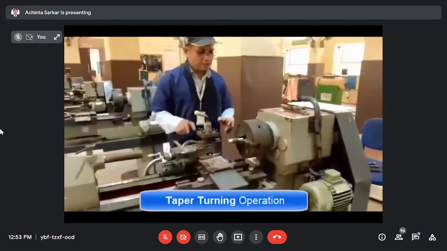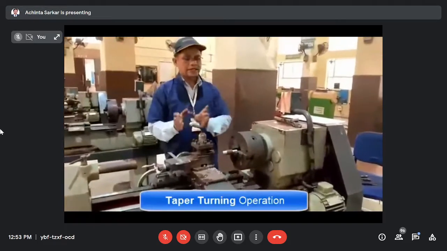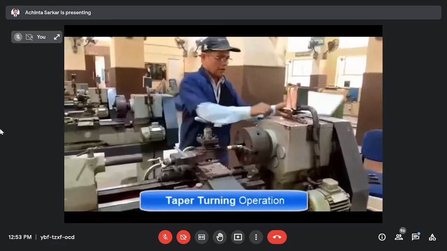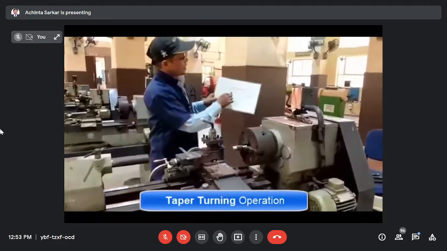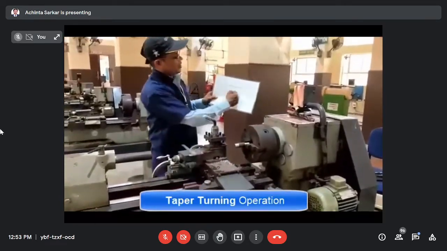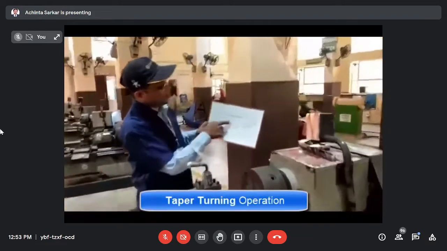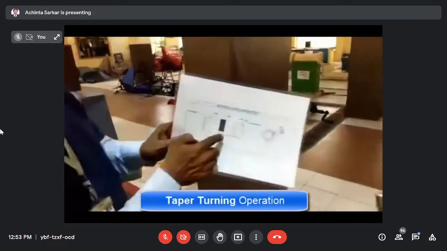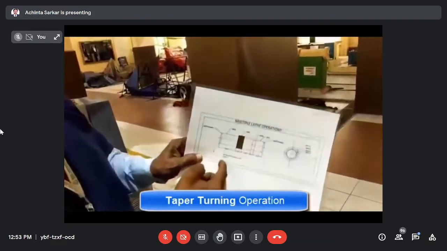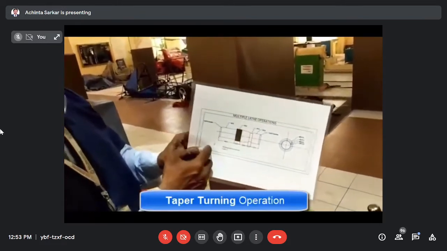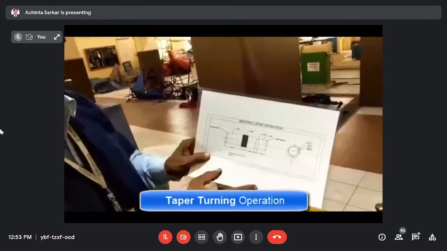Taper operation means gradually increasing or decreasing the diameter along the workpiece. Here is a large diameter, here is a small diameter. Gradually increase and decrease the diameter along the workpiece, so that you can create an angle to the axis of the workpiece. That angle you have to find.